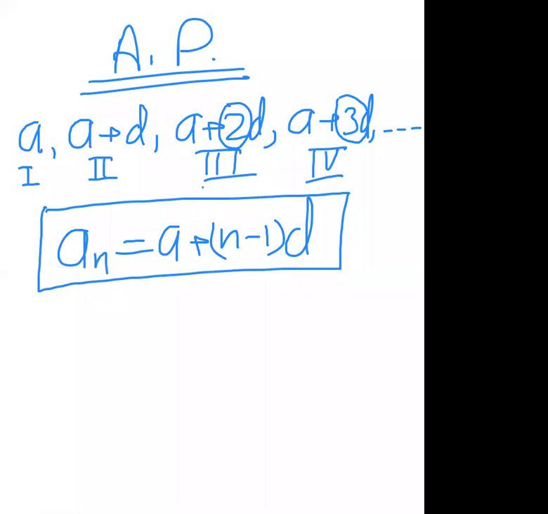So it does not express as per expectations. You are students of an English medium school, so you must be able to express yourself in English. a_n equals a plus n minus 1 into the difference d. This is the nth term of an arithmetic progression.